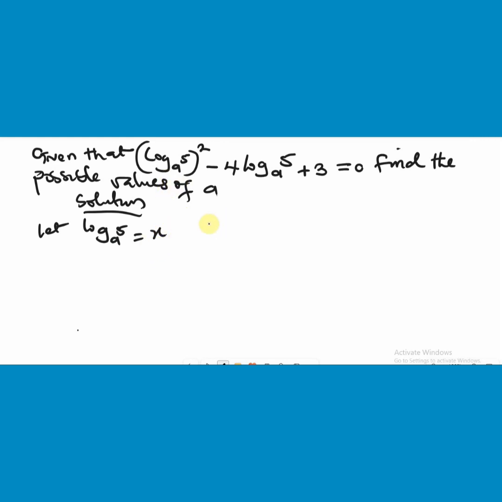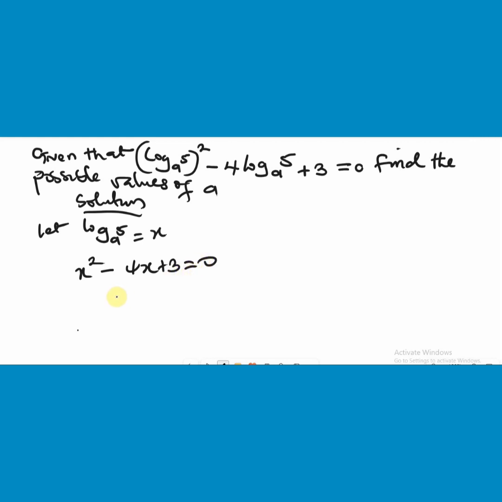So this is going to be x squared, and the other term is going to be minus 4x, plus 3 is equal to 0.